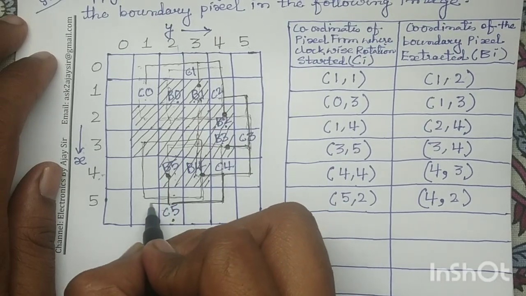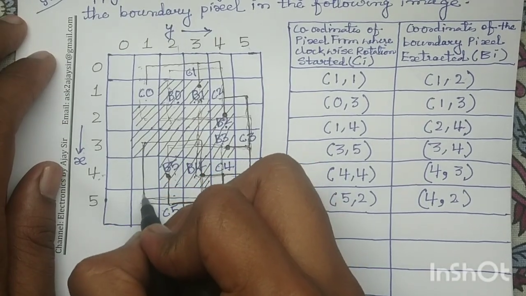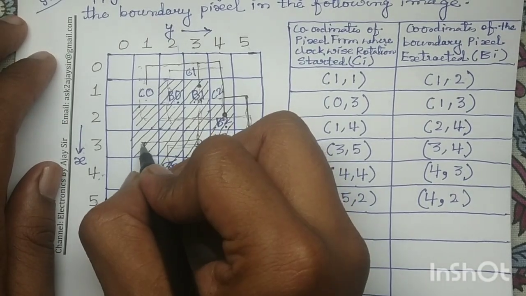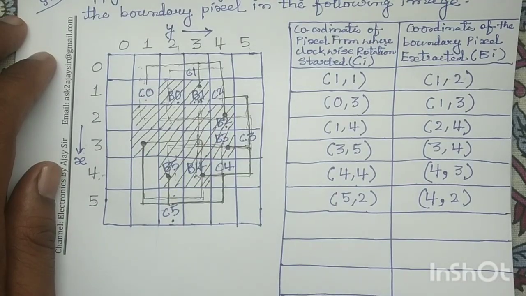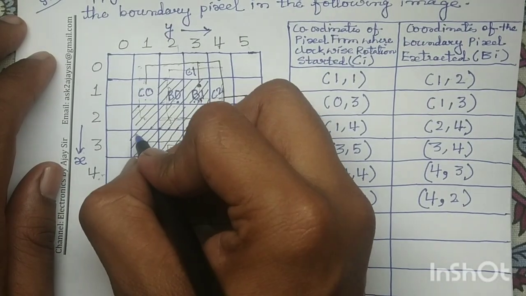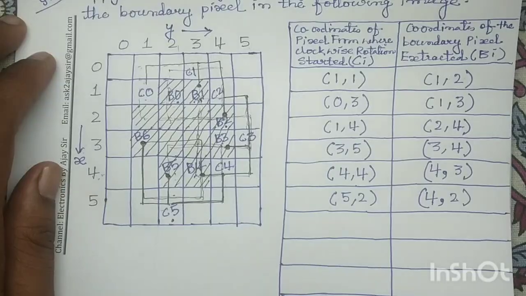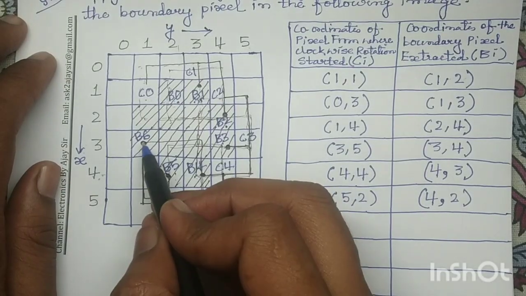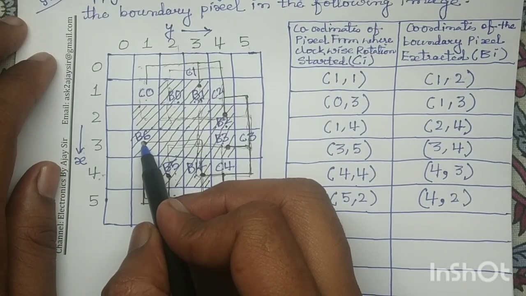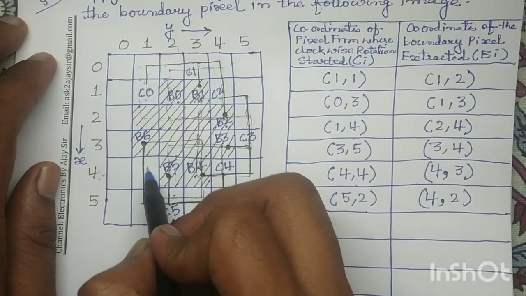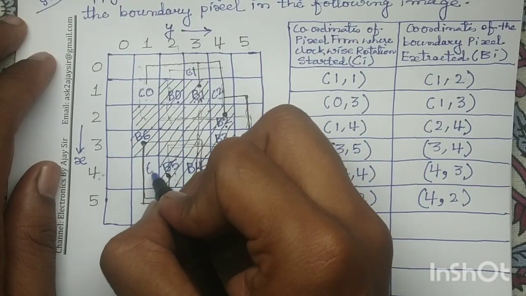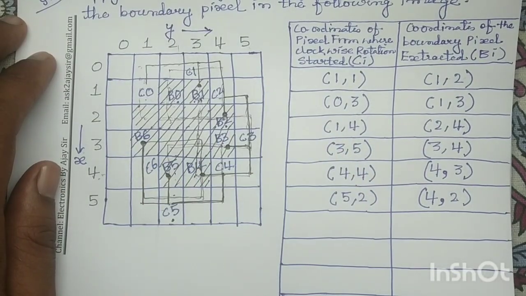So from C5, if you move in a clockwise direction, this is my next boundary pixel that we will reach. So we will mark it as B6. And before reaching B6, this is my background pixel. I will mark it as C6.